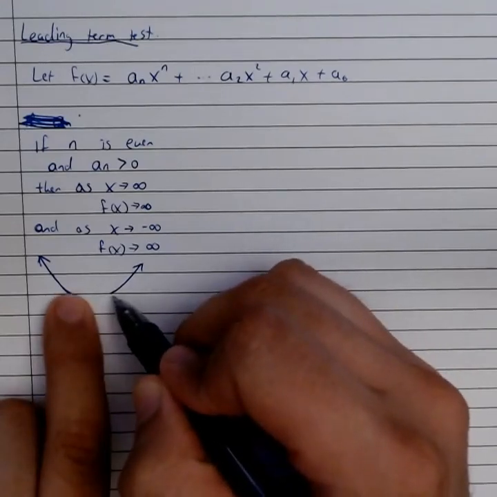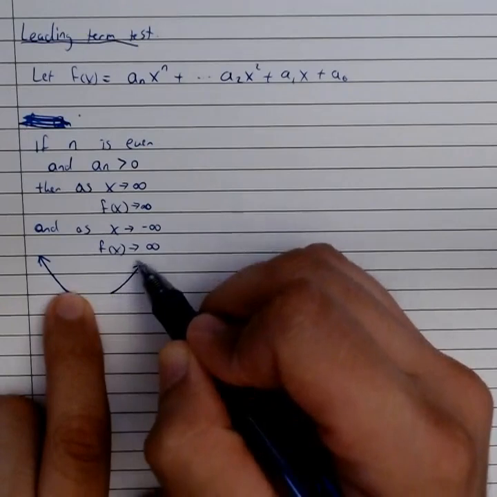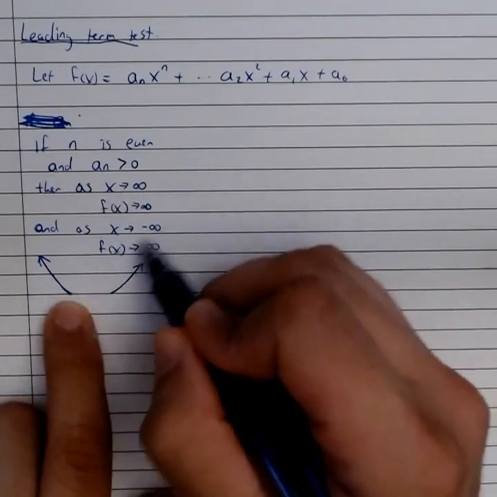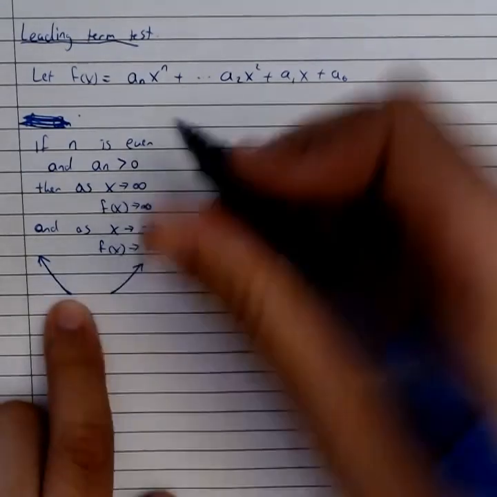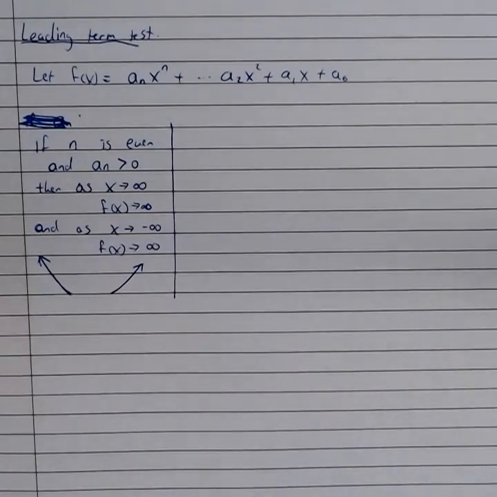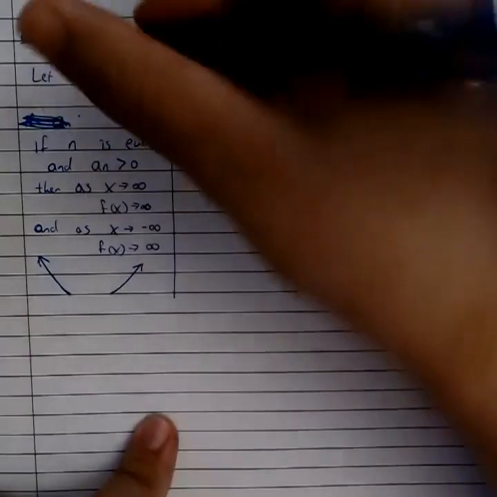But what we do know is on the ends of the graph, as you go to the right, it's going to go up. And as you go to the left, it's also going to go up. That's what this means. So this is one possibility. The other 3 possibilities are going to be very similar to this.